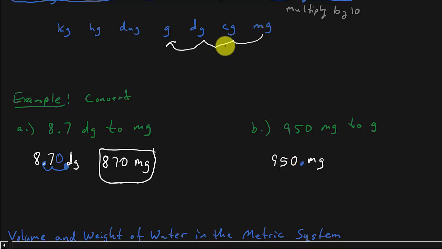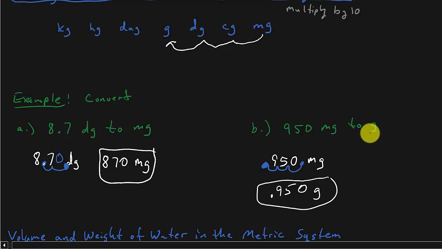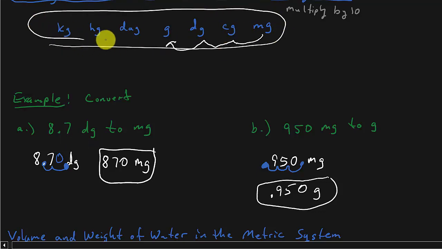So we move 3 spaces to the left, and this would be 0.950 grams. I'm sorry, not milligrams, grams, because we're going to grams. Whenever you're converting within the metric system, write this chart down, and it makes it so much easier.